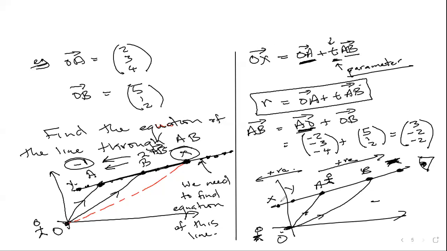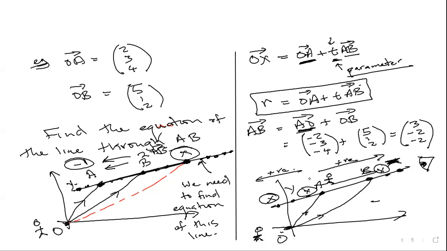So any point X along the line, anywhere, can be represented. You go from O to A and then some multiple of AB. Anywhere along the line, any X is going to be somewhere along the line AB. So you either go in the positive direction or the negative direction, and you will end up at the point X, which is any point on the line.